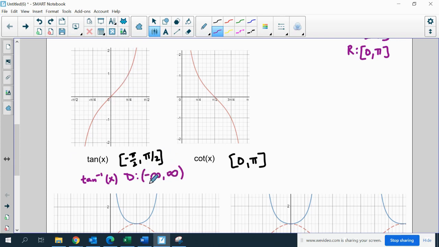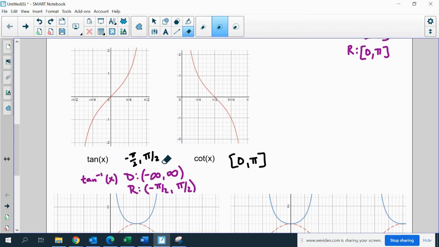But then the range is going to be negative pi over 2 to pi over 2. And that's my fault, because these should not be brackets. They should be parentheses, because it doesn't actually hit those values.